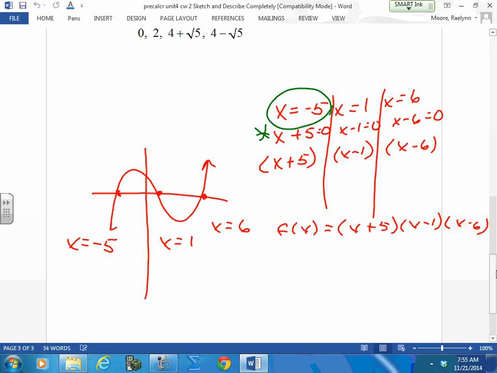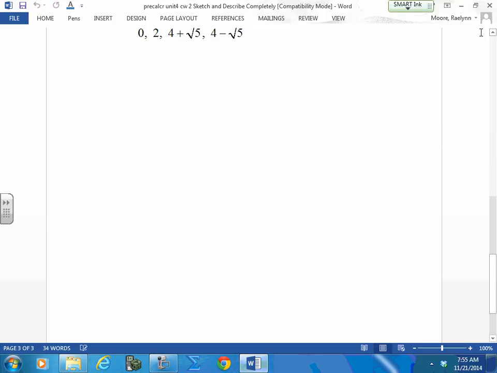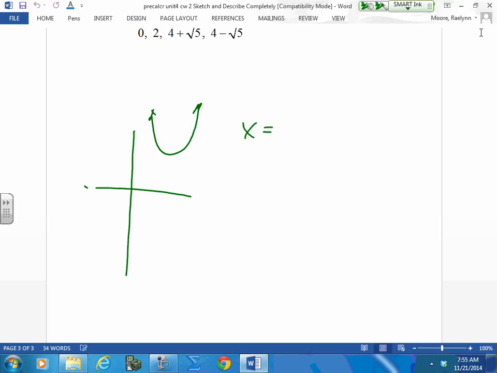Now, we have another condition, and we have one more condition that happens to say, I have a parabola, and it has imaginary roots. I have imaginary roots. So let's say my roots are 3 plus or minus 2i.